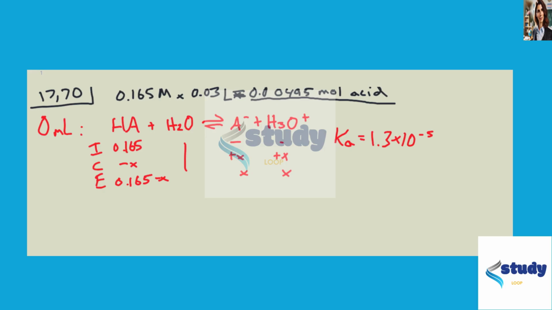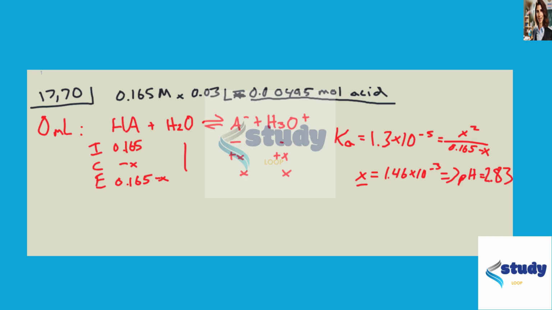And this is equal to our products over our reactants, so X squared divided by 0.165 minus X. If we use our approximation that X is small, we can eliminate the minus X, and we can solve that X is equal to 1.46 times 10 to the minus 3, and then pH will be equal to 2.83 if we take the negative log of our X value. So that's our pH for the first point they ask us for.